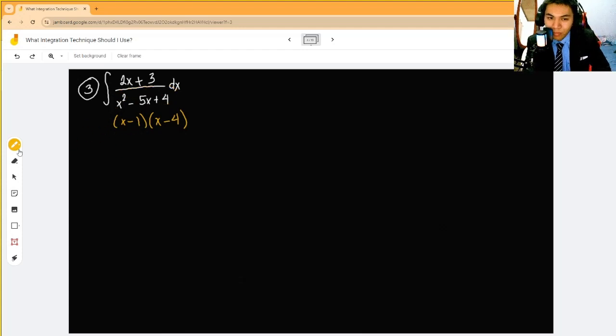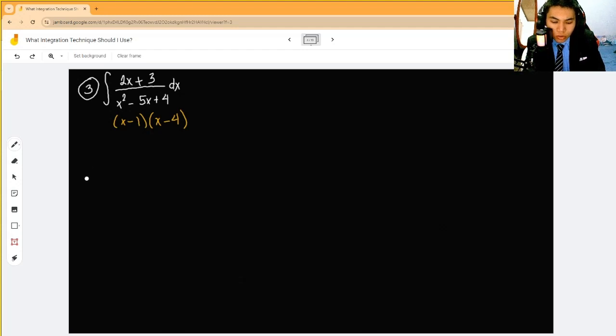Now, this is where the tricky part comes in. Since we factored out these, and we factored out a new denominator, we will have to change the denominator as well.